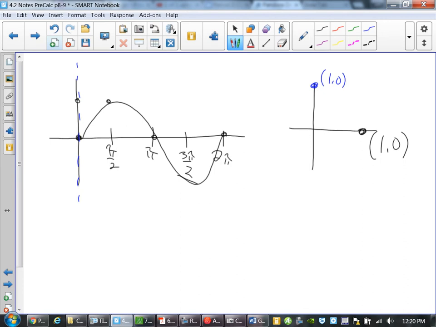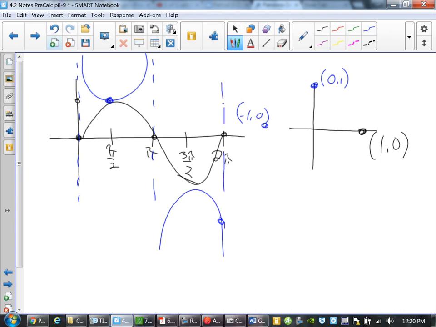I'm sorry. It's supposed to be 0, 1. What's the inverse of 1? So it's at 1. Going back to the other side, if we're at negative 1 and 0, the inverse of 0 is undefined, so you'd have another asymptote. Then you'd come back here to negative 1. So what happens for a cosecant graph is it's just the inverse of the sine graph.